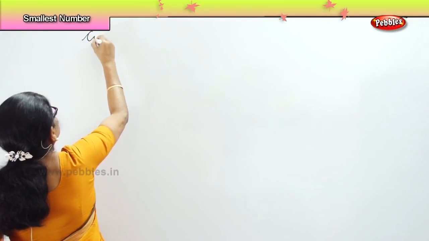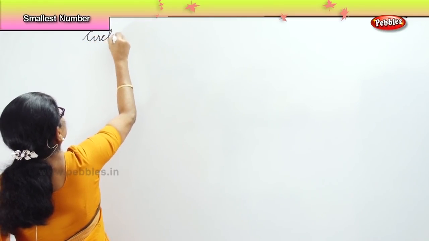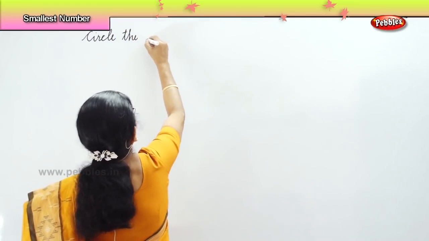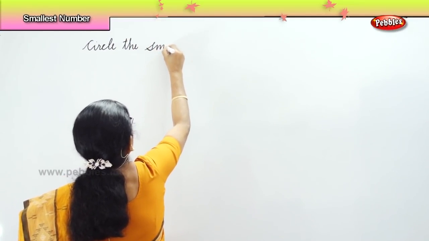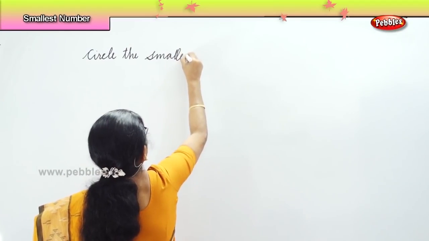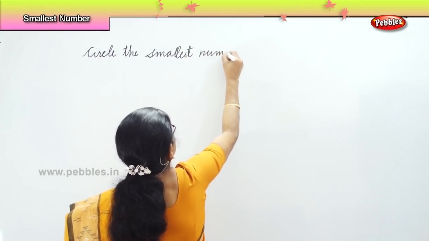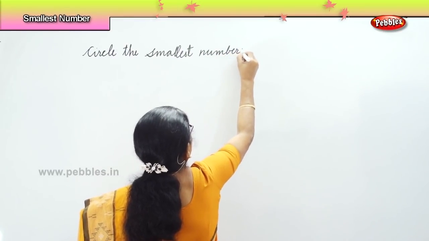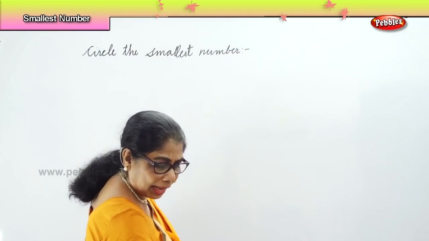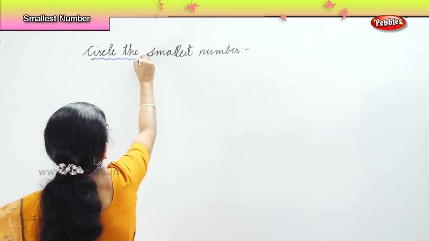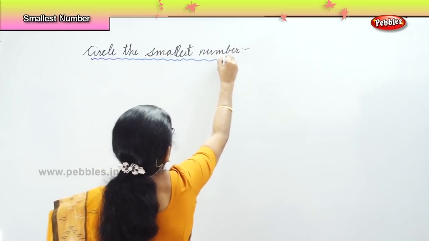Circle the smallest number in a row. Okay? Circle the smallest number. You're given about 4 or 5 numbers and you will circle the smallest number.